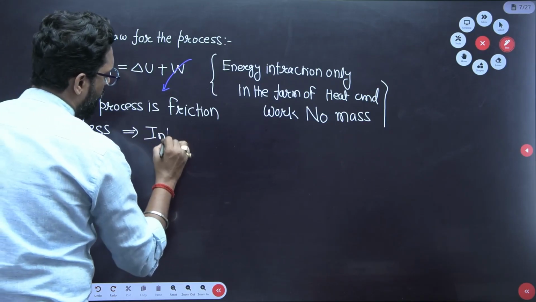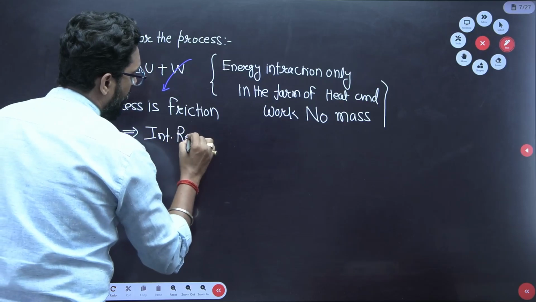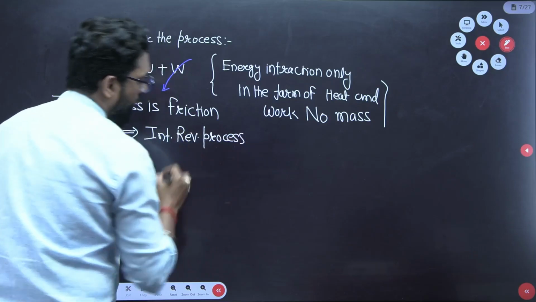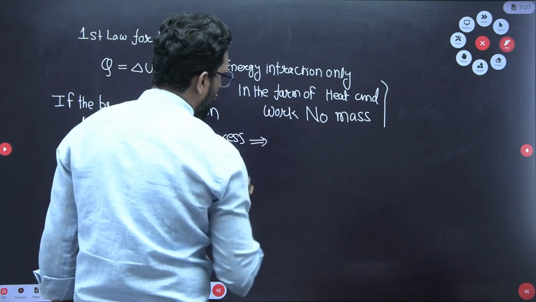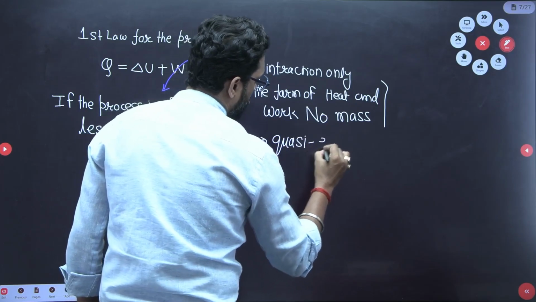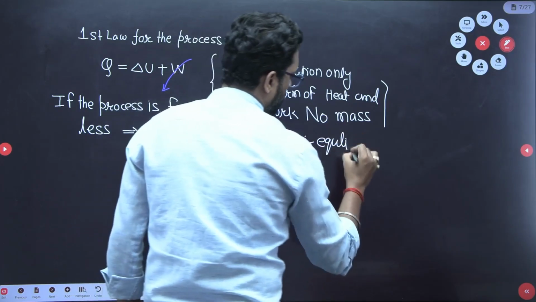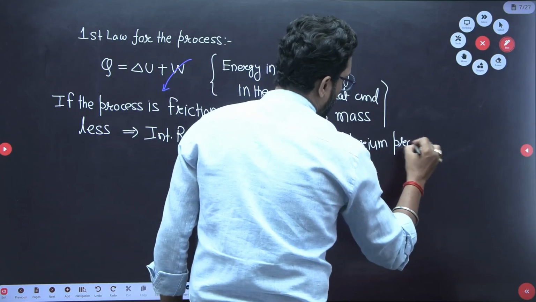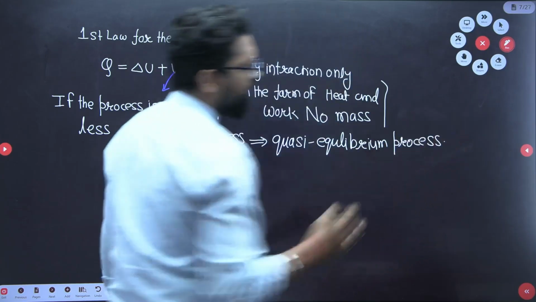Internal reversible process. And an internal reversible process is your quasi-equilibrium process. Internal reversible, a quasi-equilibrium process.